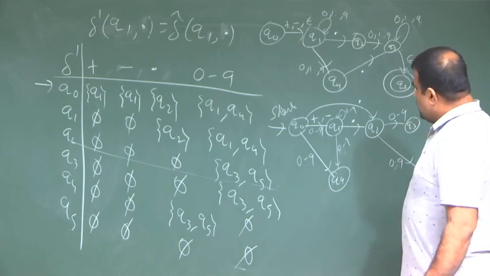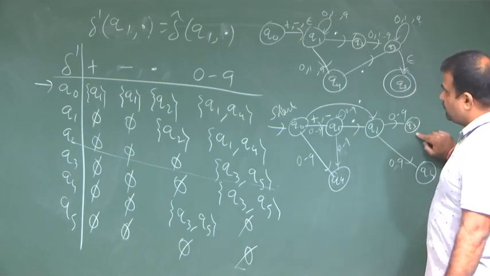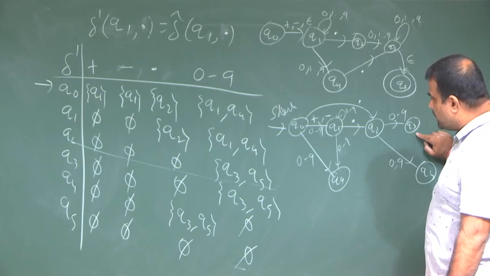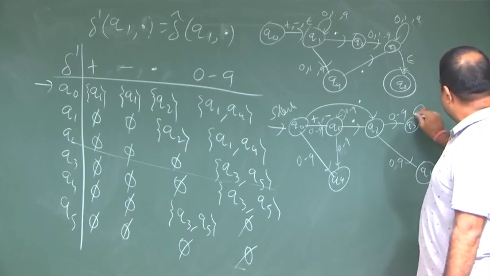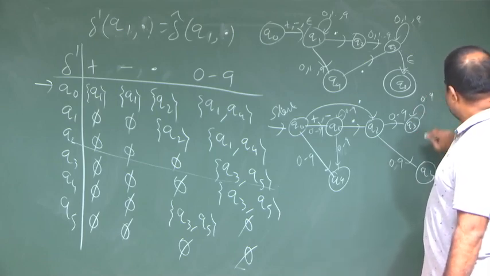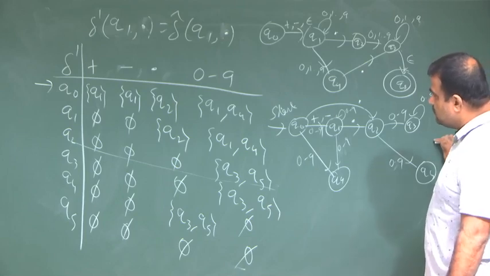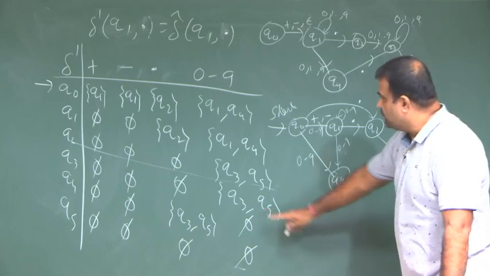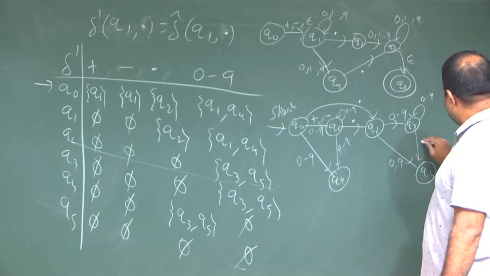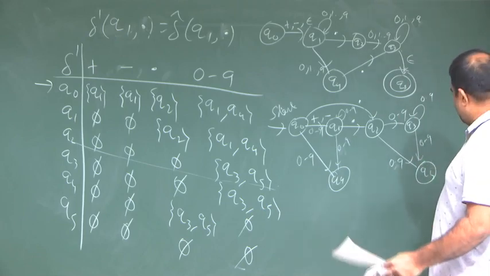Now from Q3, we can remain at Q3 with 0 to 9, or we can go to Q5 with 0 to 9. Okay, this is Q5.